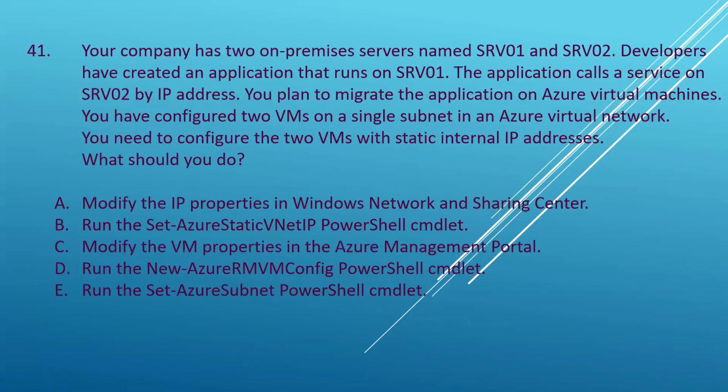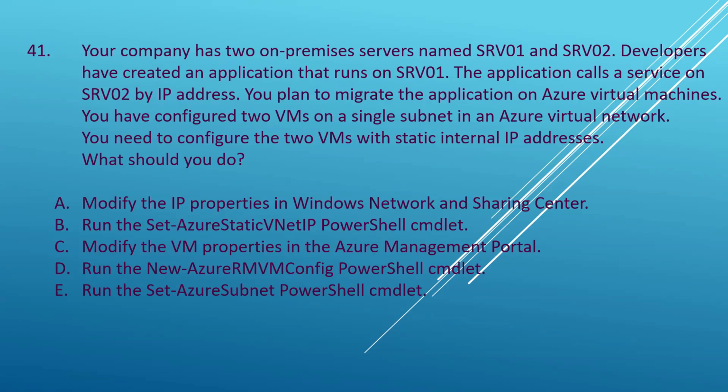Now let's get back to the questions. Your company has 2 on-premise servers named SRV01 and SRV02. Developers have created an application that runs on SRV01. The application calls a service on SRV02 by IP address. You plan to migrate the application to Azure virtual machines. You have configured two virtual machines on a single subnet in an Azure virtual network. You need to configure the two VMs with static internal IP addresses.